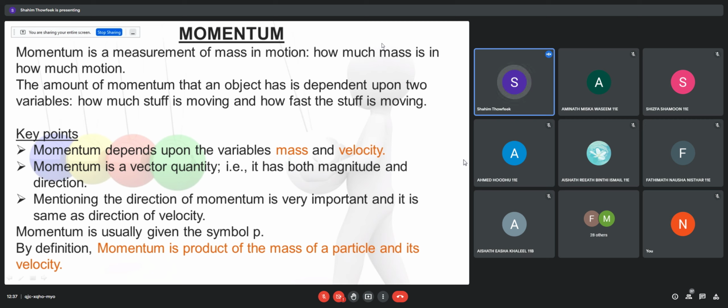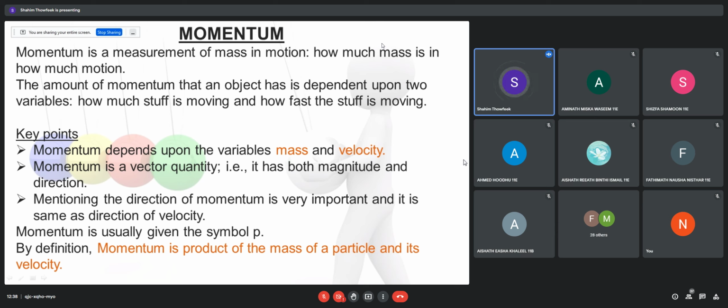The amount of momentum that an object has depends upon two variables. What are the variables? How much stuff is moving, meaning how much mass is moving.